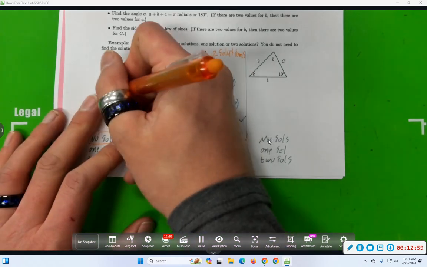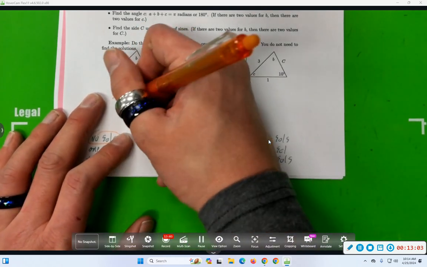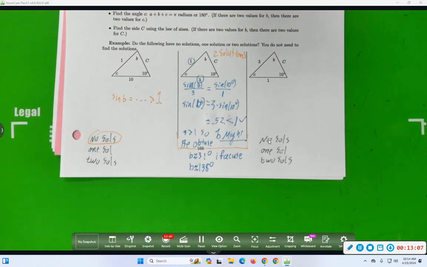Nice. So when you try to find angle B, you find that sine of B was equal to something, and that something was bigger than 1. Cool. That agree with the summary that most people did? Do people want more discussion than that? Groovy. How about that last one? No solutions, one solution, or two solutions?